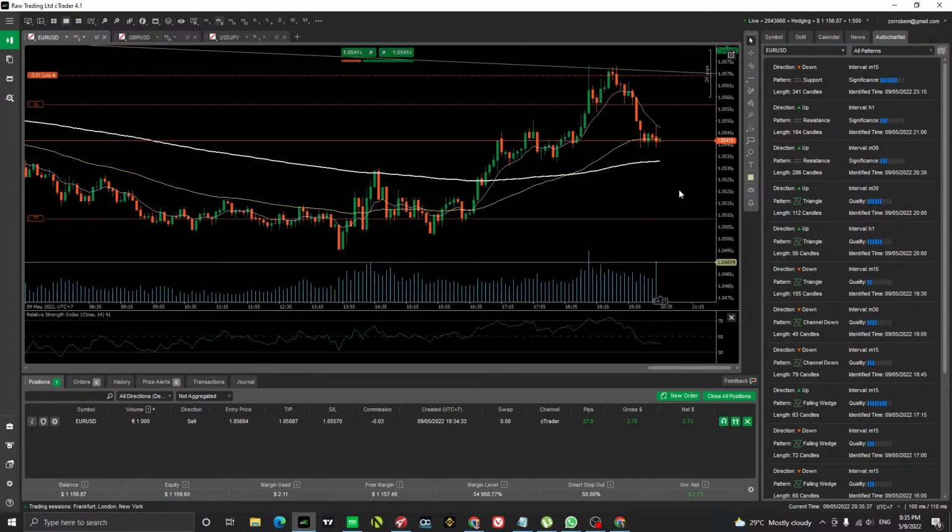So if I want to be safe, actually I'm already in 28 pips. If I was trading a mini lot, this would have been about $25. If I was trading one big lot, a full lot, it would have been $260, right?